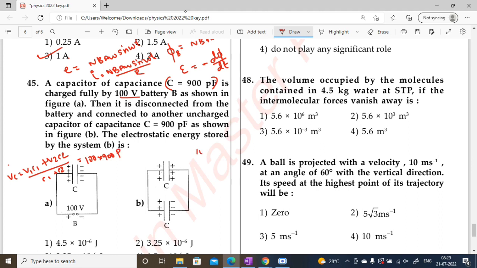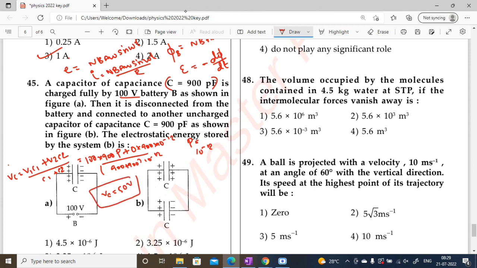Plus V2, which is 0, multiplied by C2, which is 900 into 10 power minus 12, divided by C1 plus C2, adding these two, 900 plus 900 as a whole, 10 power minus 12. So we get the common potential to be 50 volt. This will be the common potential.